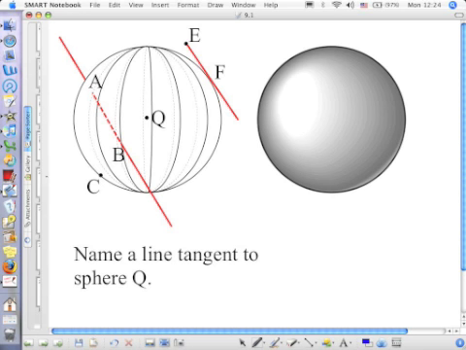Point Q is the center of the sphere. Think of a basketball. Point Q is not something you can put your hands on. It's in the exact middle of the basketball. Points F, A, B, and C are on the basketball.